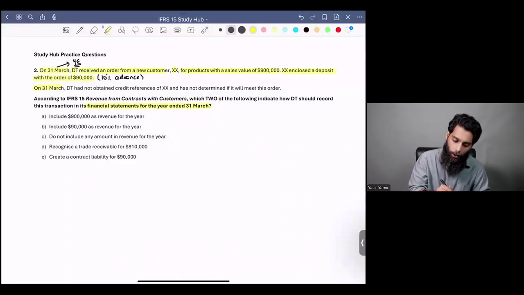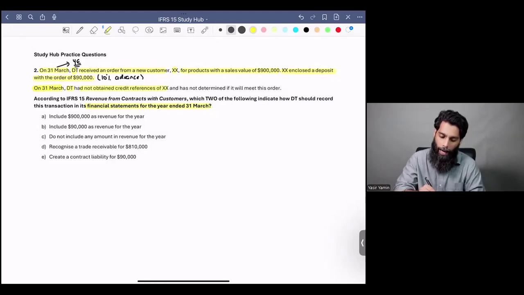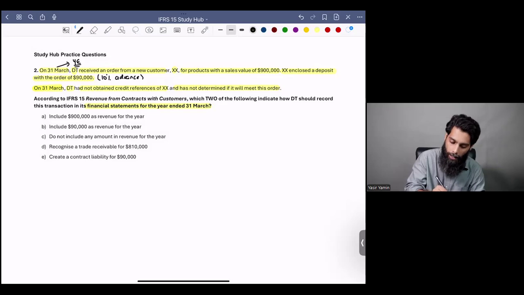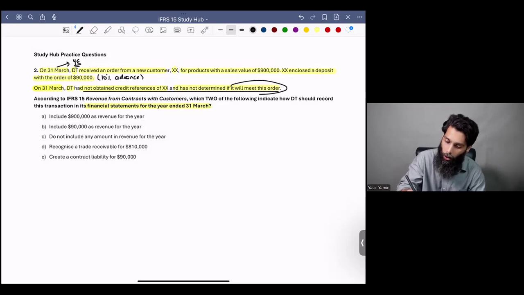It says that on 31st March, DT had not obtained credit references of XX and has not determined if it will meet the order. So up till now, you are still performing credit checks and you have not fulfilled the order by the year end.